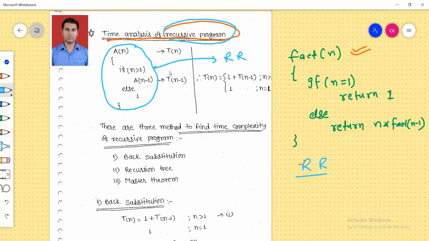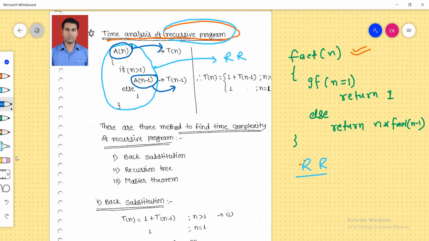How to write the recurrence relation: let us suppose in order to solve this problem, we require T(n) amount of time. So in order to solve A(n), we require T(n) amount of time. Of course, in order to solve A(n minus 1), we require T(n minus 1) amount of time.